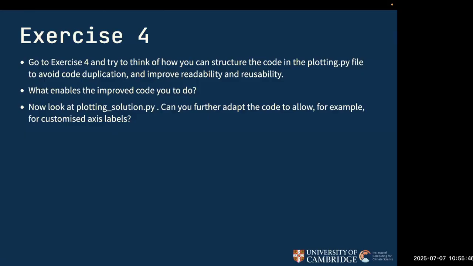If you go to exercise 4, you will find a little script that's doing some plotting. I would like you to go into there, and we'll have a minute or 2 to do this, and think about what you could do to improve the code, how you could structure it better.